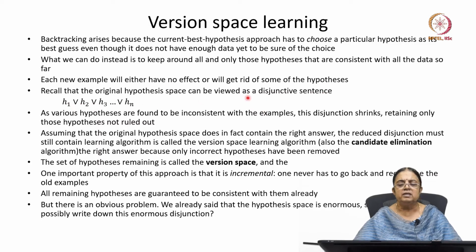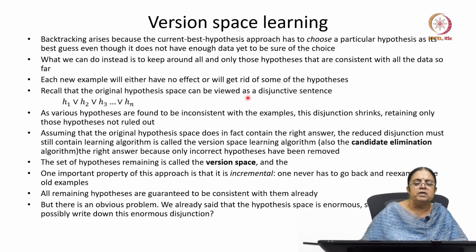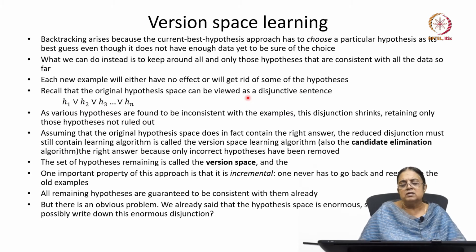Then you check each new example against the set of hypotheses that you have. If you find that any of the hypotheses are inconsistent with the new example you are checking, you remove that hypothesis.